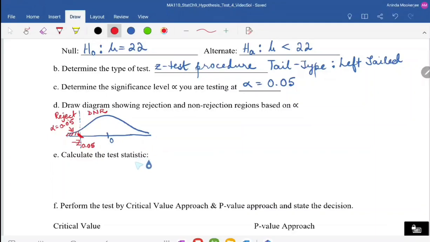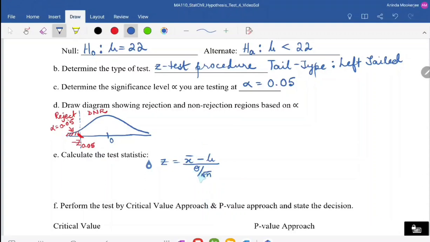The test statistic in this case is a z value, and the formula for the z value for this hypothesis test is z equals x bar minus mu over sigma divided by square root of n. You will find this formula in your formula sheets under the chapter for hypothesis tests, so you can look that up.